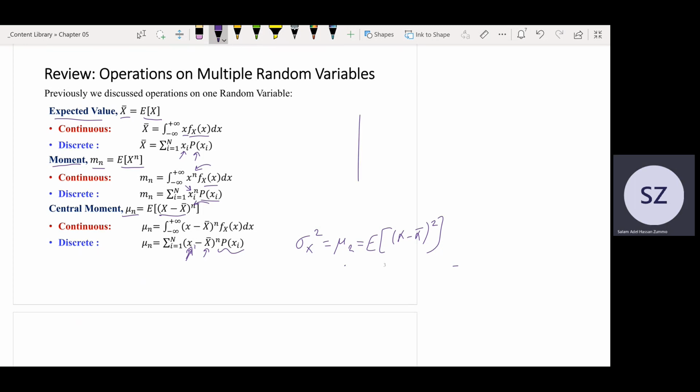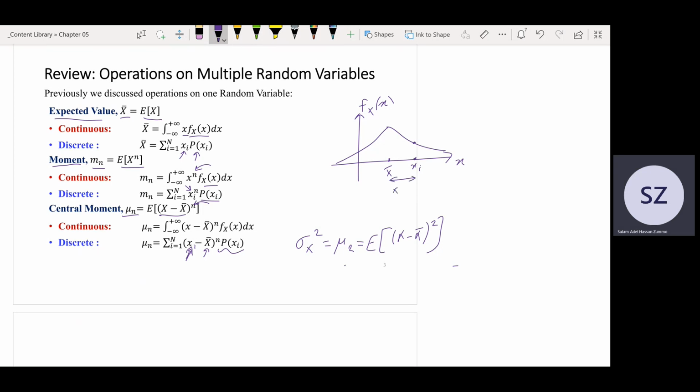So if I have a PDF that looks like this, let's say it's a Gaussian. This is x bar. In order to calculate this, we are multiplying x minus x bar squared by the probability. What I'm doing exactly is the following. I'm taking every xi and taking the distance between it and x bar.